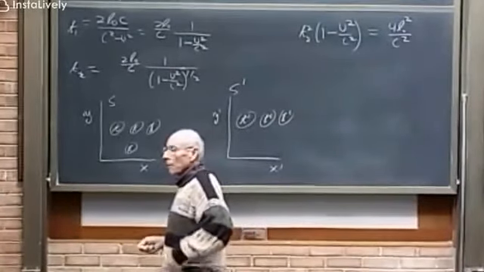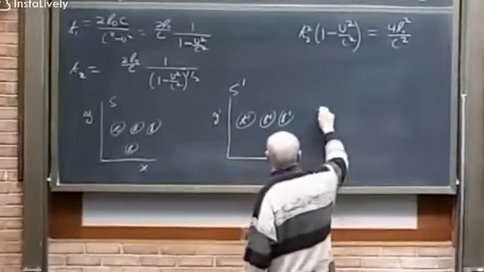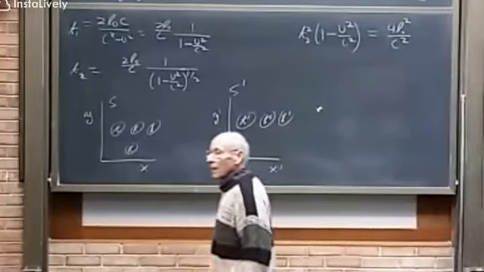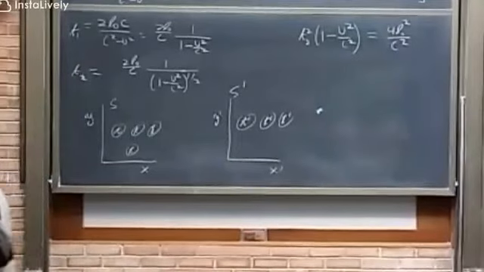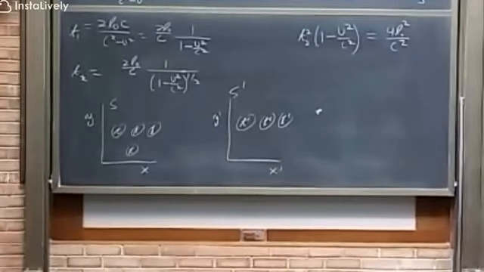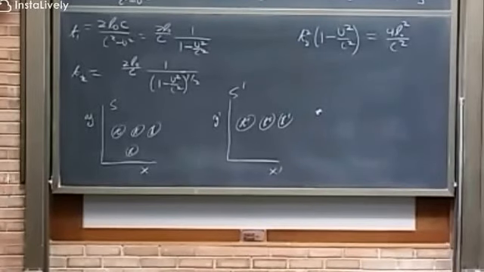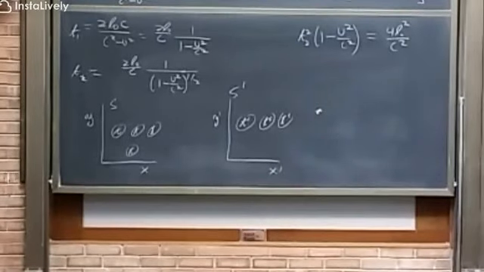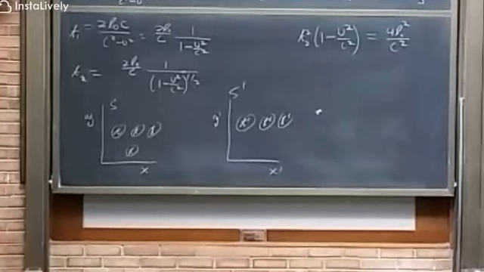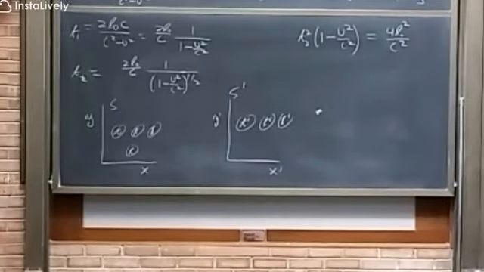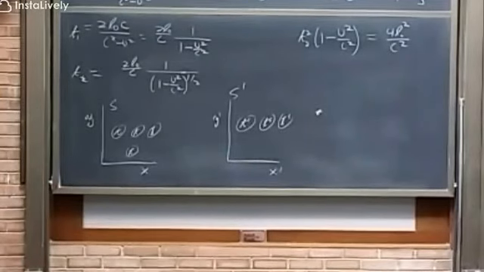Now, some event occurs. And the question is, how do the descriptions of that event vary with the observer? This is a question that, of course, always had to be asked. And in classical physics, the answer was what's called Galilean relativity.